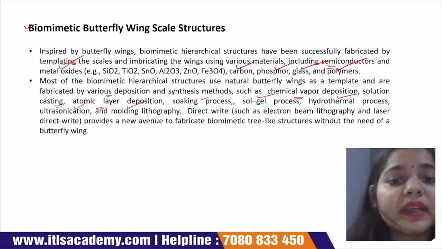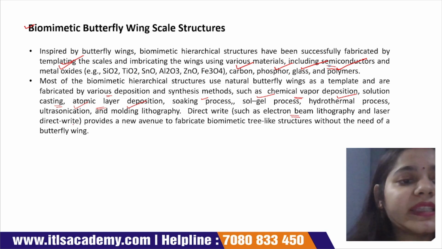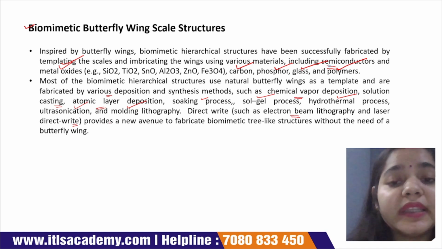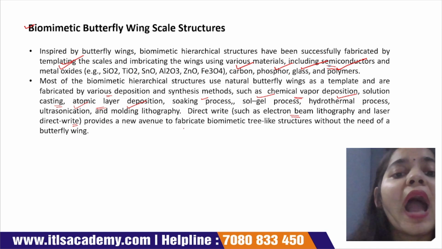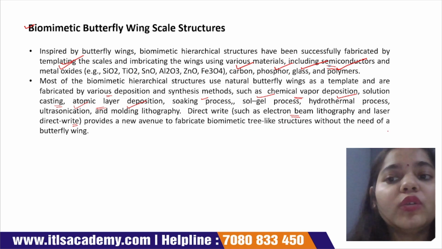And some are direct writing methods, which include electron beam lithography and laser direct writing, and these techniques provide a new avenue to fabricate biomimetic tree-like structures without the need of butterfly wings.